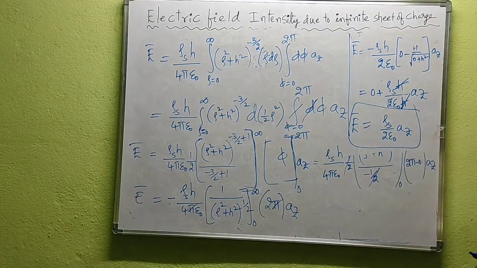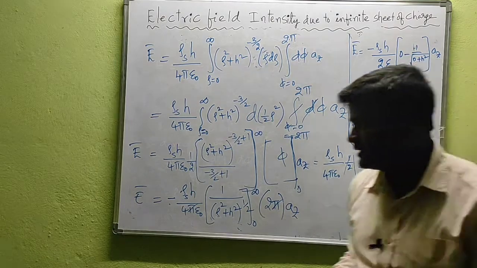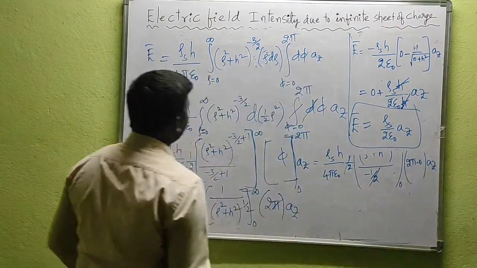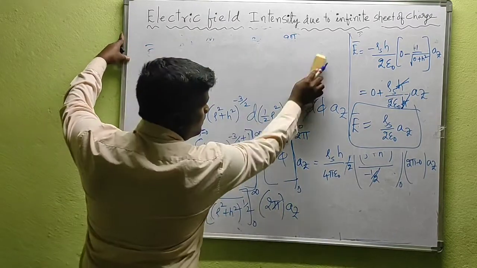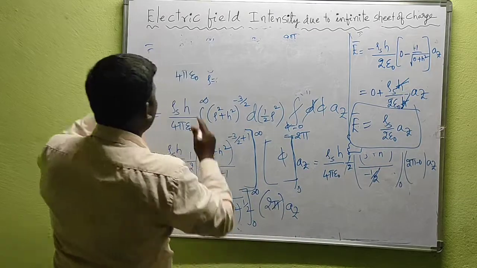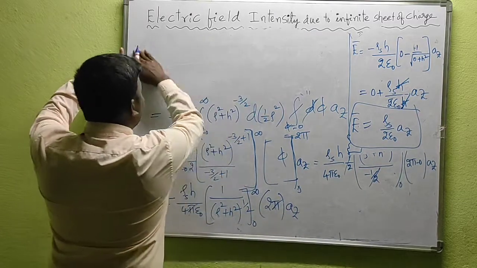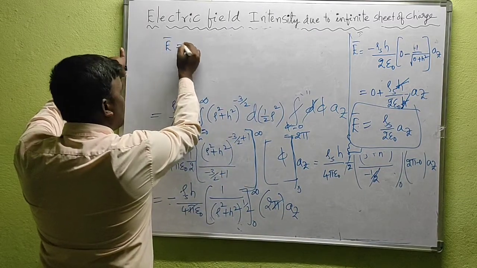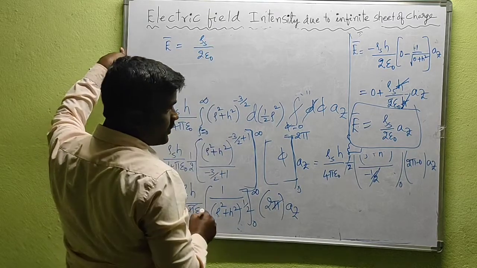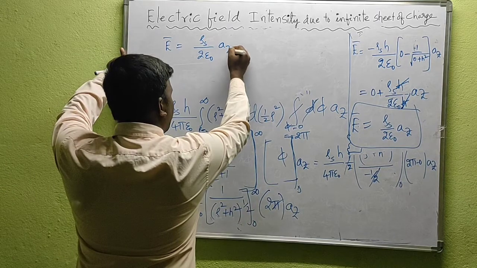So that is the electric field intensity due to an infinite sheet of charge. Finally we got the electric field intensity due to infinite sheet of charge as E bar equal to rho s by 2 epsilon naught into az.